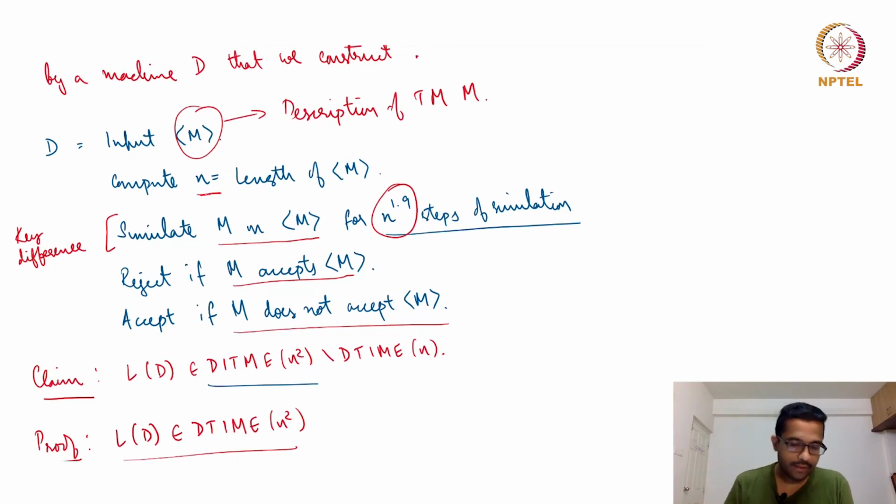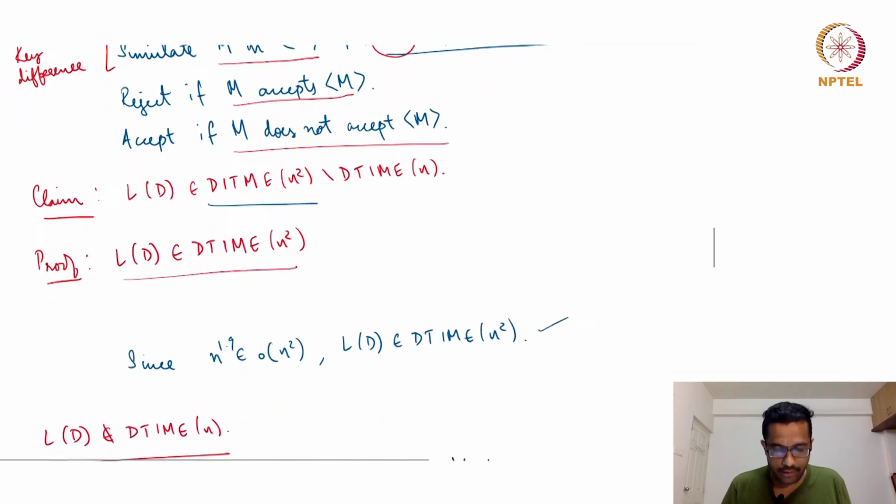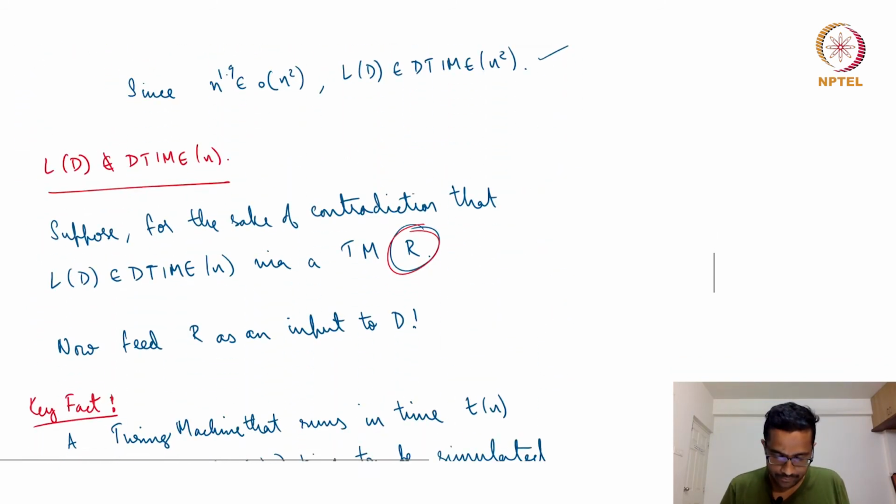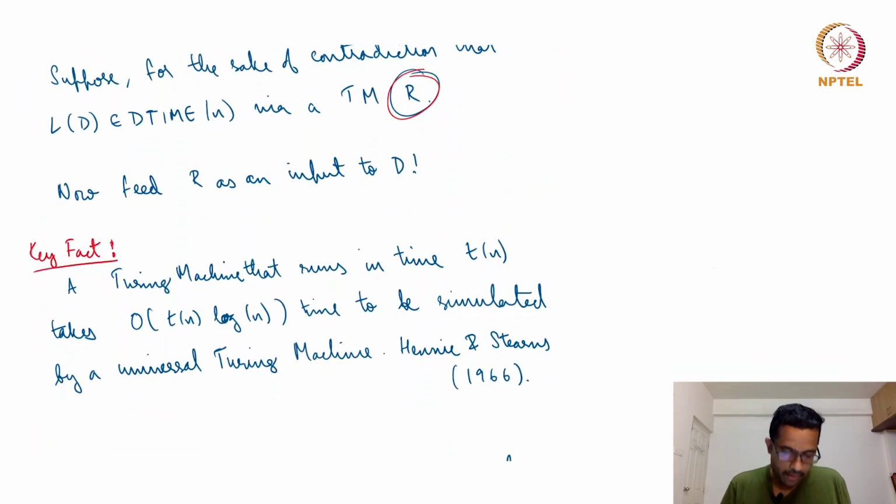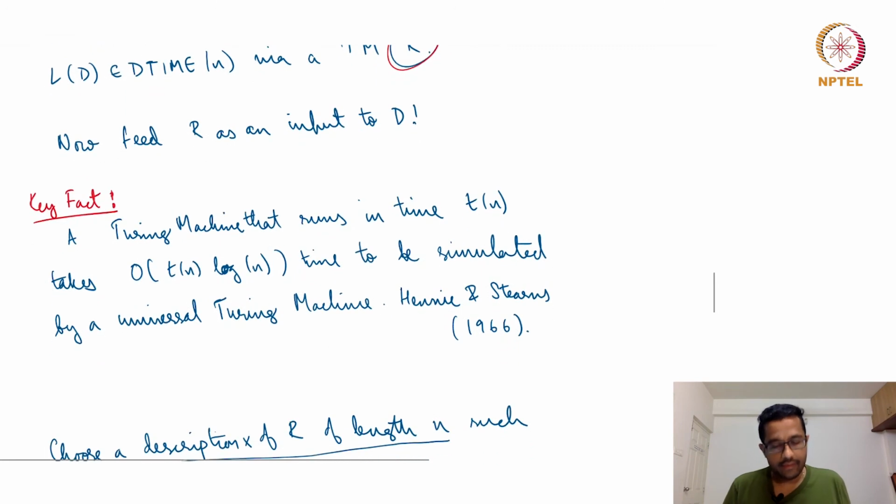Now we will feed D the description of R, and then we will see what ensues. So now we feed R, or the description of it, as an input to D.